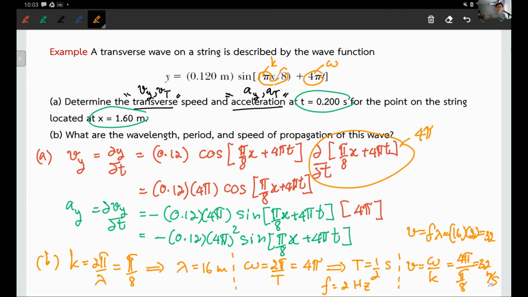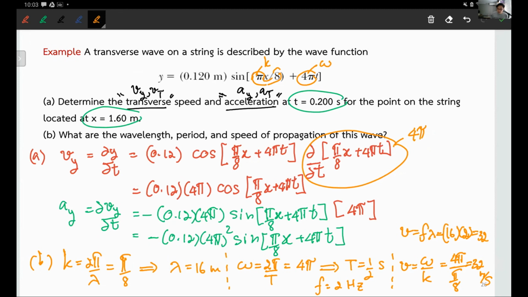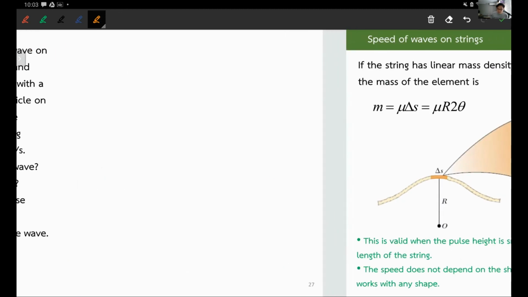That's why the sinusoidal function connects these two kinds of things, one is a motion, the other is a wave. These two things are closely related. Very nice. Okay, let's do one more.